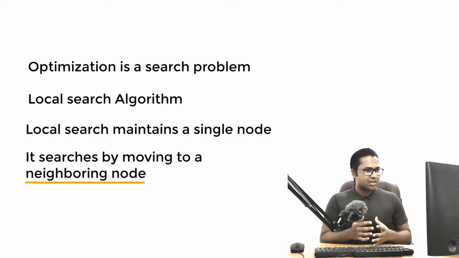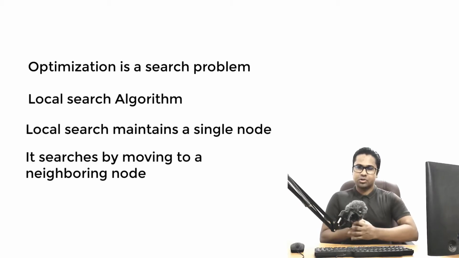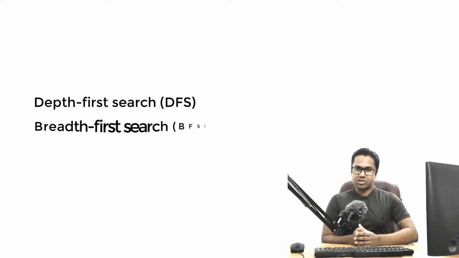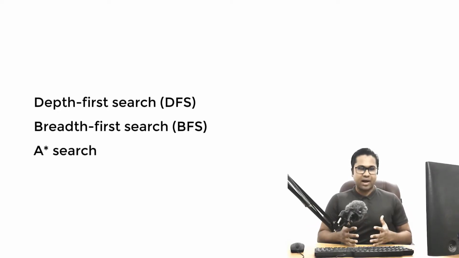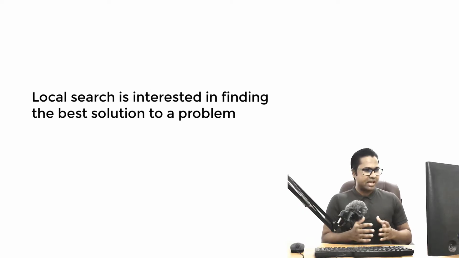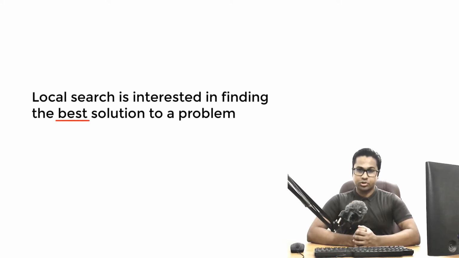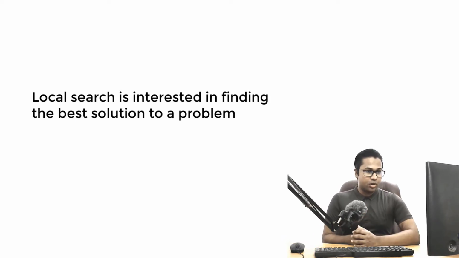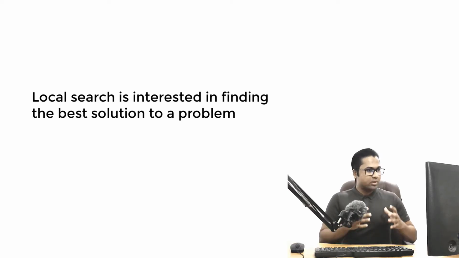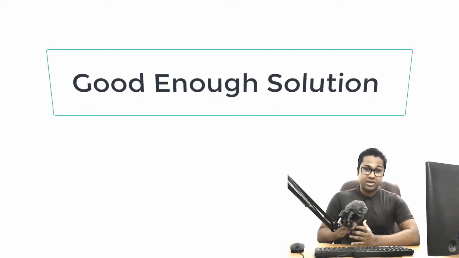This type of search algorithm is different from regular search algorithms such as depth first search, breadth first search, A-star search, etc. These algorithms try to find the quickest way to the goal. On the other hand, local search is interested in finding the best solution to the problem. It may not always be possible to find the best solution. However, a local search algorithm will bring at least a good enough solution.